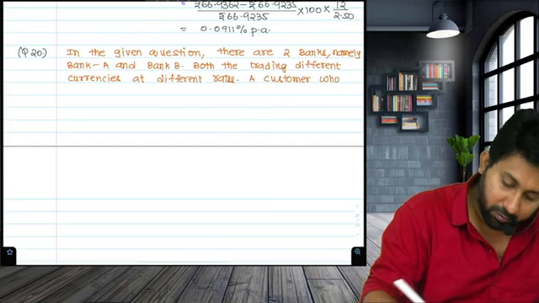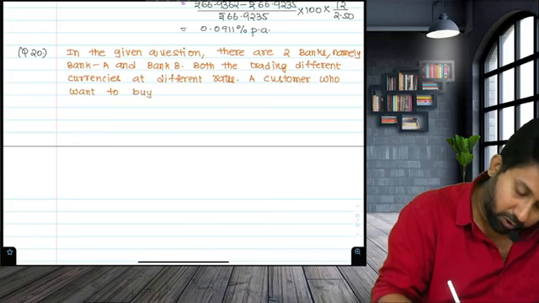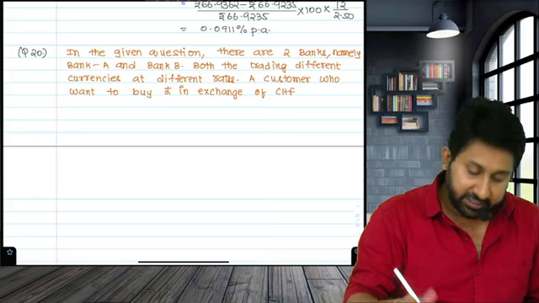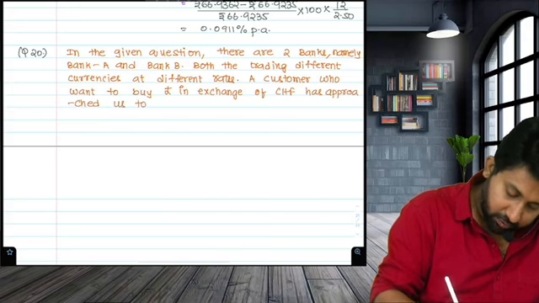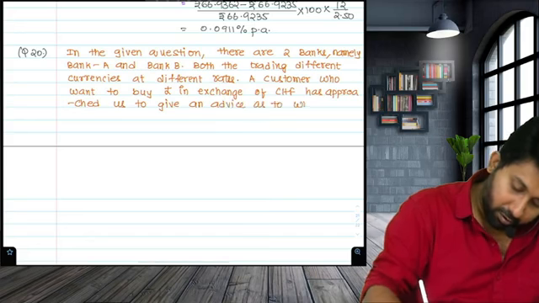A customer who wants to buy pounds in exchange for CHF has approached us. Which bank is more beneficial?